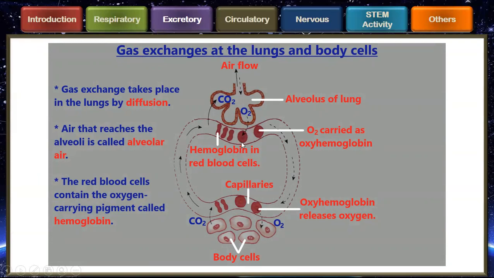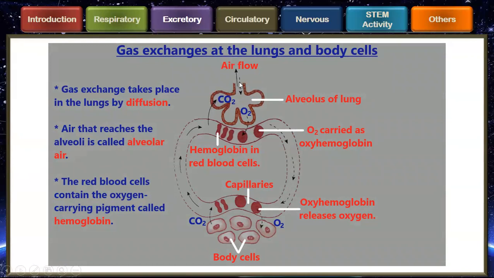The oxygen goes to the capillary, and the capillary has oxyhemoglobin, which means the red blood cells carry oxygen now because the oxygen already entered it. And this is also the carbon dioxide. Where is it from? It is from the blood that was passing through this side. Then from the capillary, it enters the alveoli, or the alveolus, and then it is pumped out of it.